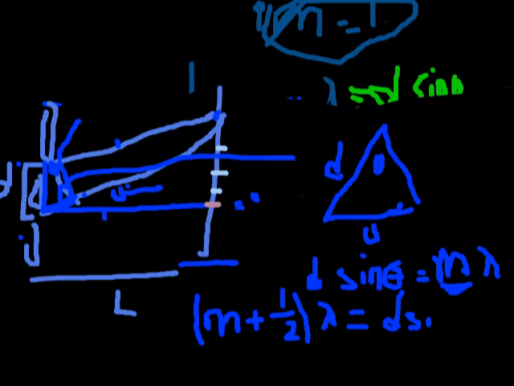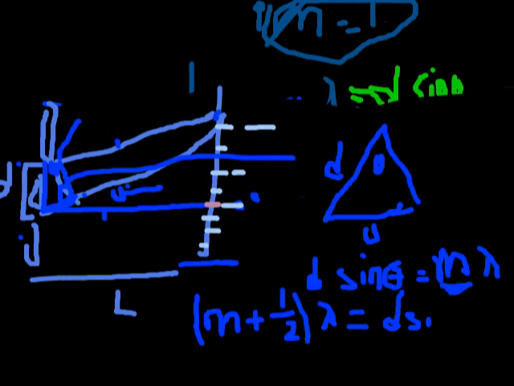When they say a dark band in the order, like the second order dark band, m is actually equal to 1. Because let's say this is the central maxima and this is a dark spot, right? This is the zeroth bright band, and this is the first bright band, and this is, let's say, the second bright band.